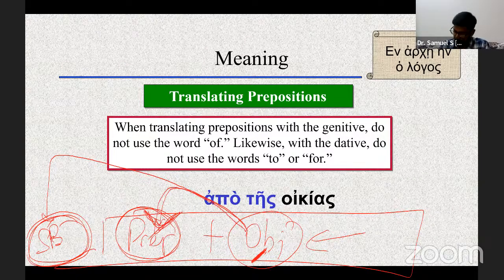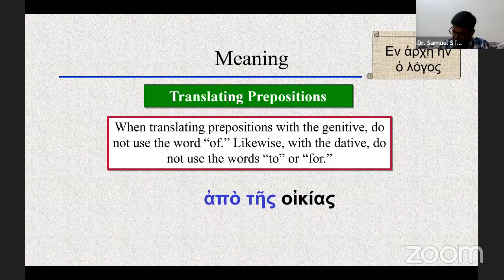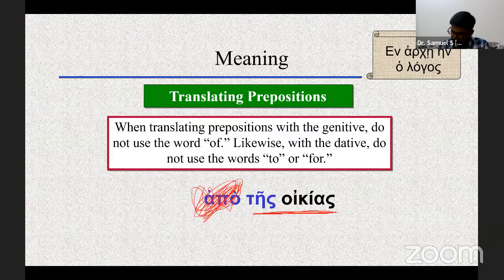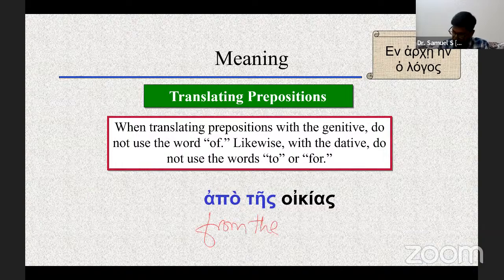So, when you're translating prepositional phrases, ignore the inherent meaning of the case. Without this prepositional phrase, this would be translated of the house, right? But because it's part of a prepositional phrase, we just say from the house.